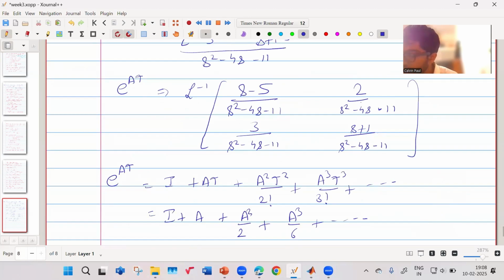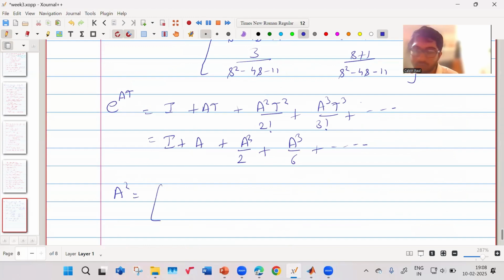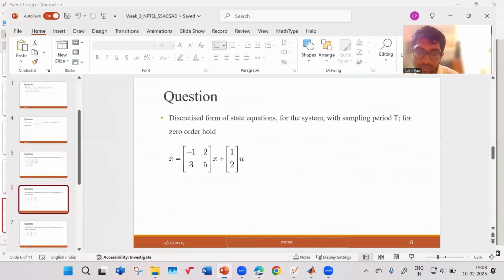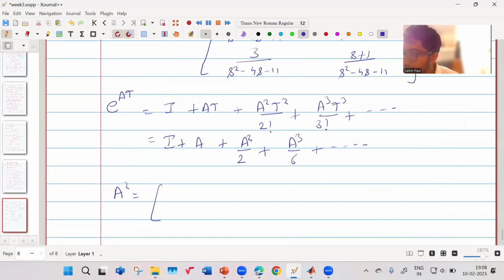What is A squared? A squared is equal to [minus 1, 2; 3, 5] times [minus 1, 2; 3, 5]. So minus 1 into minus 1 is 1, plus 2 into 3 is 6.